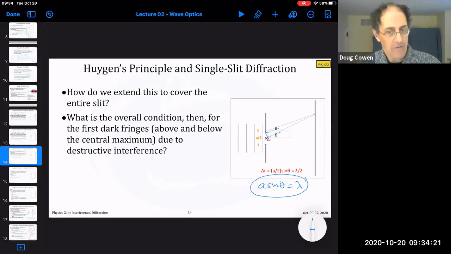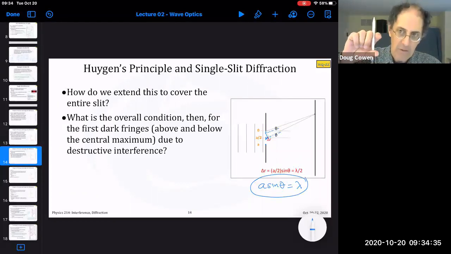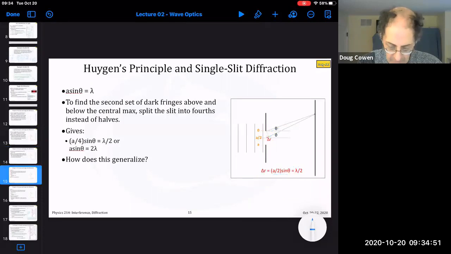If that's the case, then they will all destructively interfere at the far screen. So that's going to give us the overall condition for the first dark fringe, which is what I wrote down just a minute ago: A sine theta equals lambda.